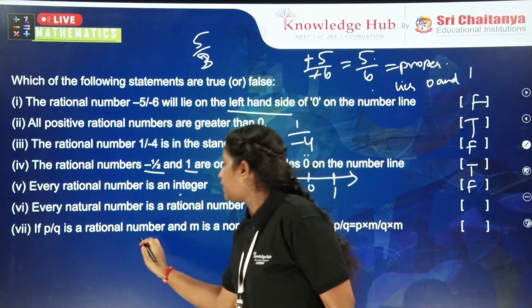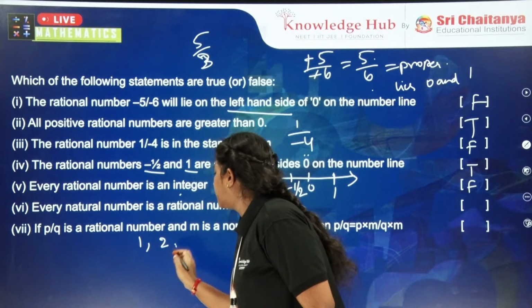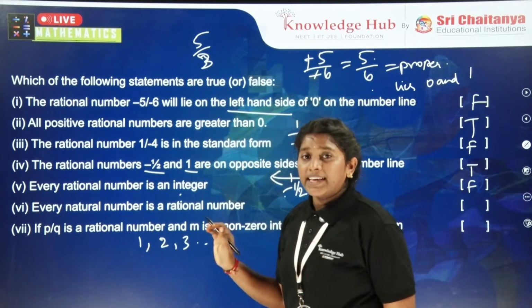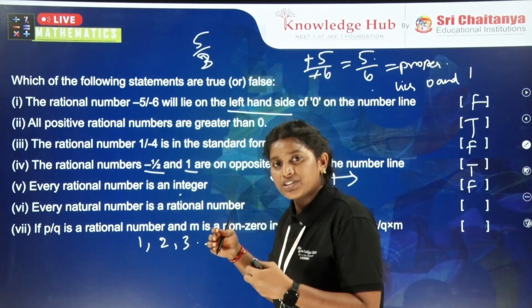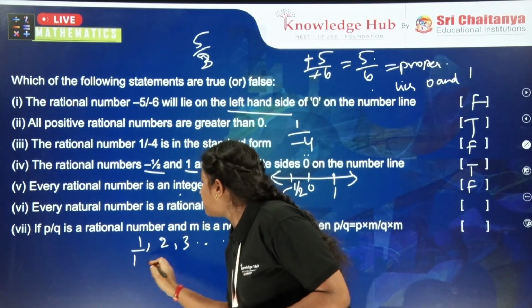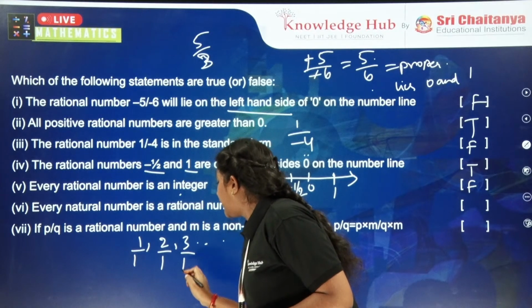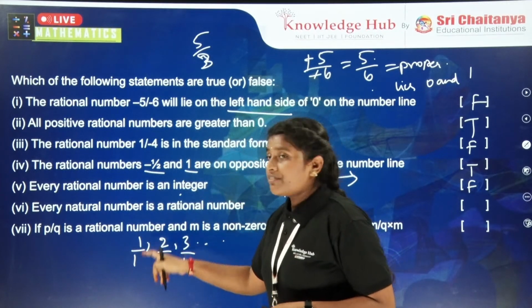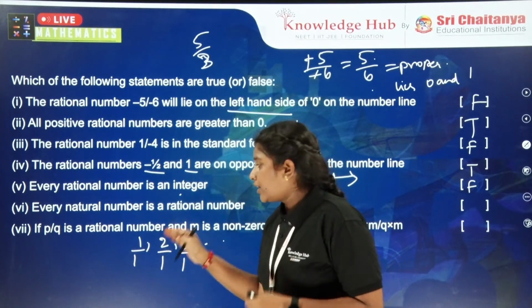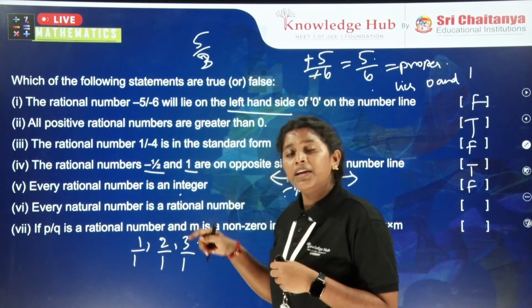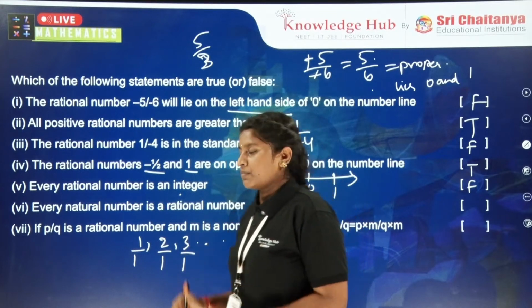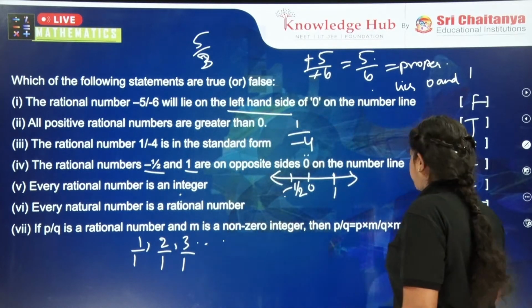Natural numbers means the counting numbers, which are nothing but 1, 2, 3 and so on. I can write all my natural numbers in the form of rational numbers by taking the denominator as 1. Rational numbers are written in the form p by q. Therefore, every natural number can be considered a rational number. So it is true.